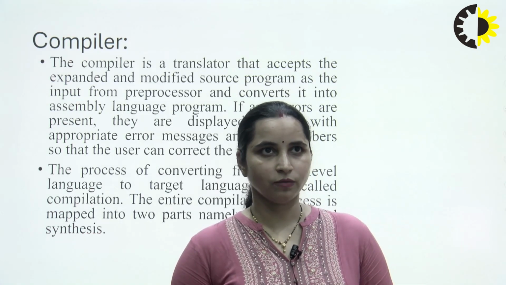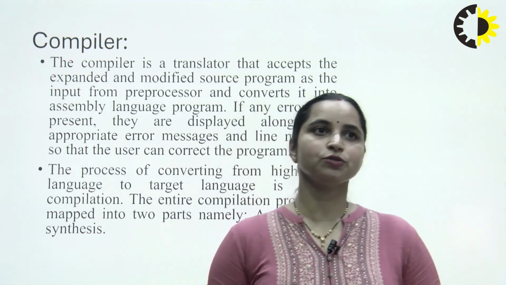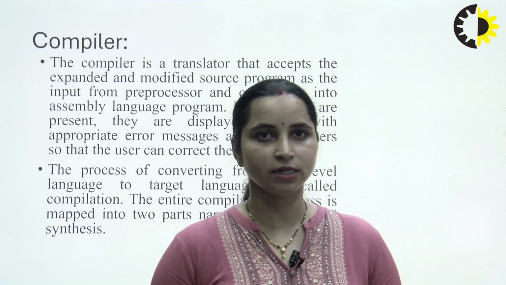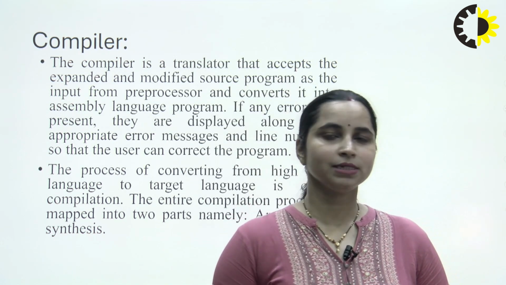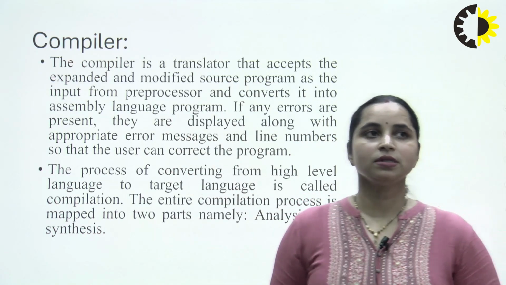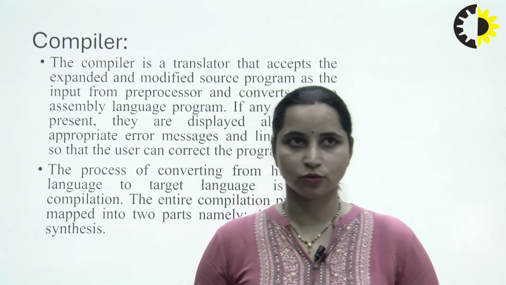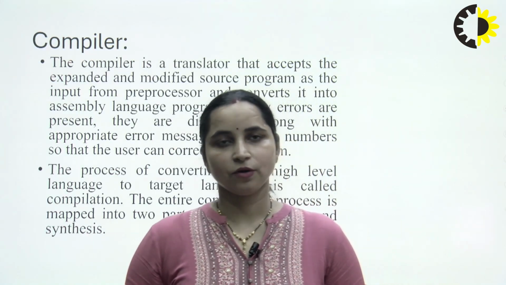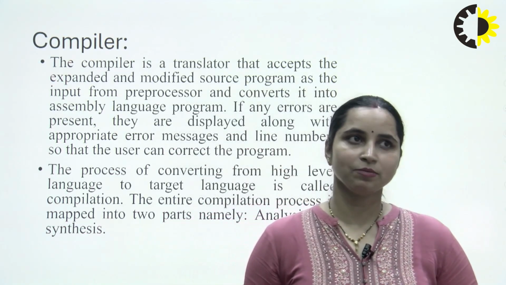Let me first introduce what a compiler is, although we have studied it in the previous lecture also. The compiler is a translator that accepts the expanded or modified source program as input from the preprocessor and converts it into the assembly language program.